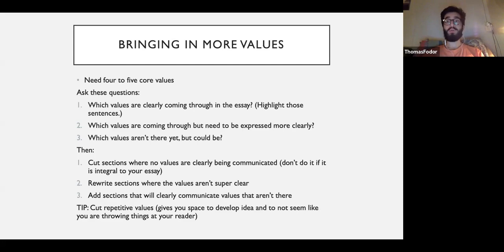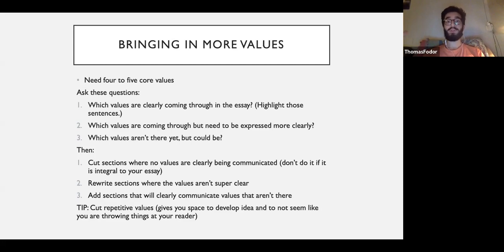And so you do need to go through the thought process of what are the most important values to me, or the most important values that I want to convey to my reader, and include those in your essays. And there might be other values that come across maybe less clearly, but make sure that you focus on these 4 to 5 core values.